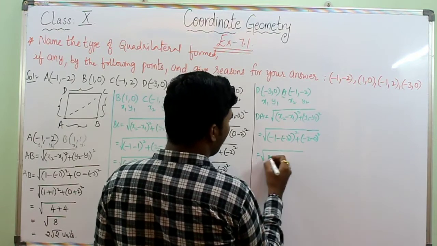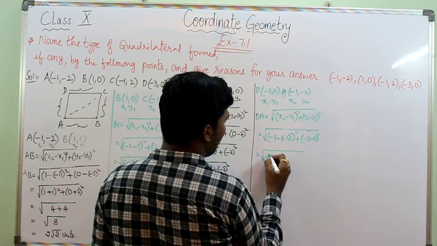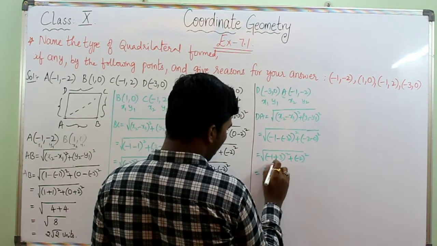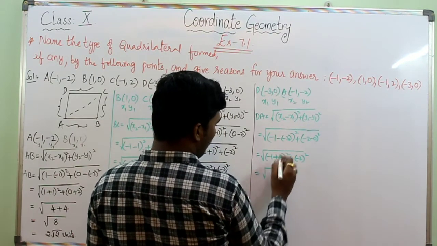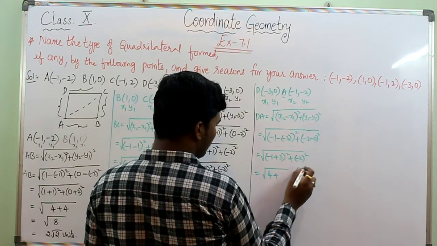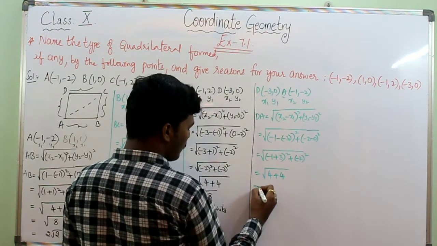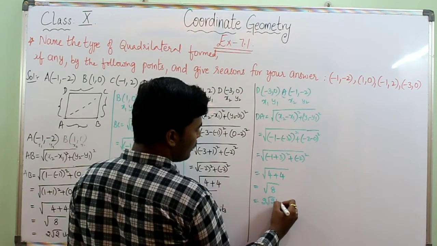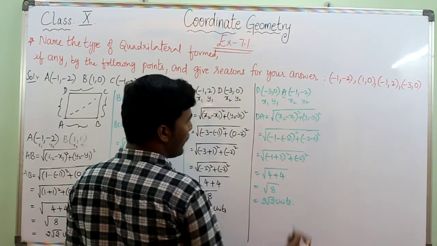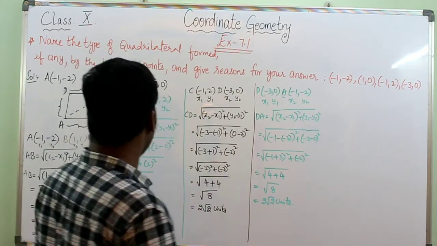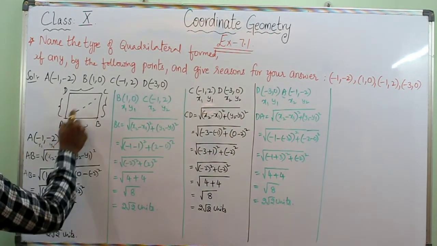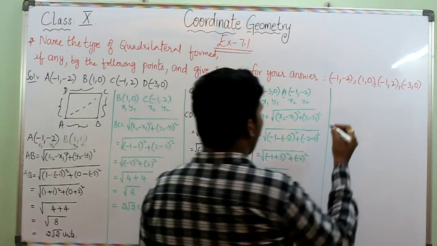This implies square root of (-1 plus 3) whole square plus (-2) whole square, which will give you 2 square, which is 4, and (-2) square, which is also 4. Again we got square root of 8, which is nothing but 2 root 2 units. Now let us find out the diagonals. What are the diagonals we have? AC. Consider the points A and C.